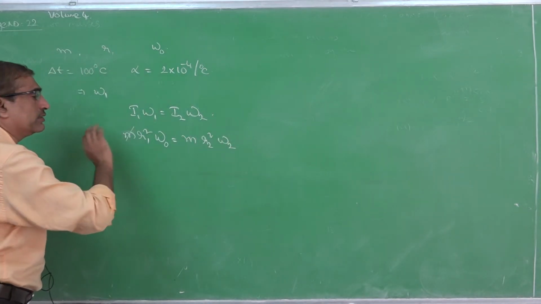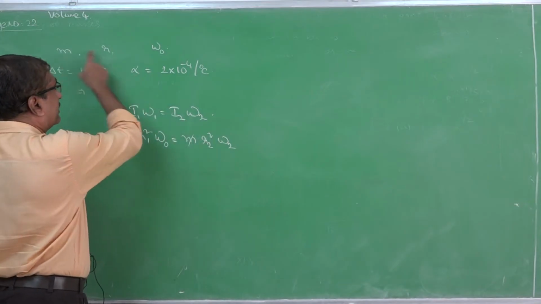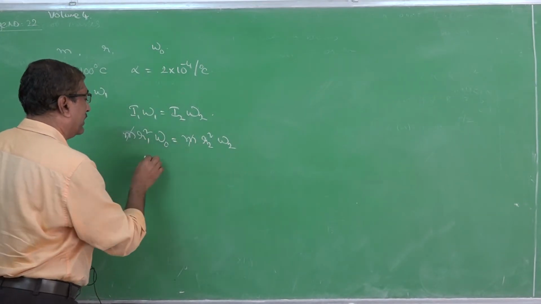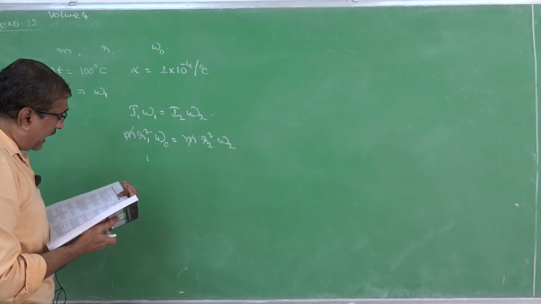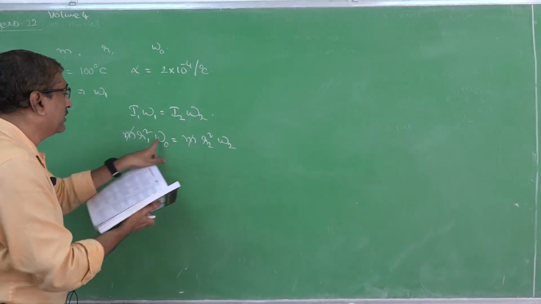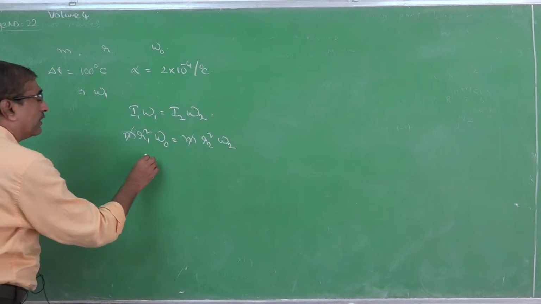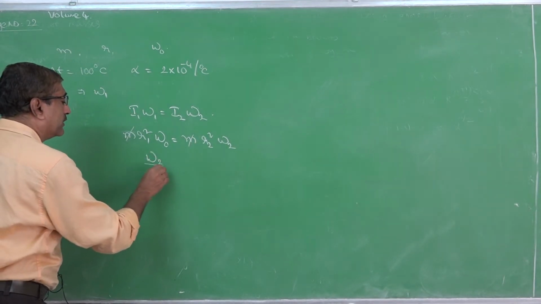There is no change in the mass, given that there are no other disturbances. Now we are asked to find the ratio of angular speed at 100 degrees to angular speed omega 0. So we have to calculate omega 2 by omega 0.